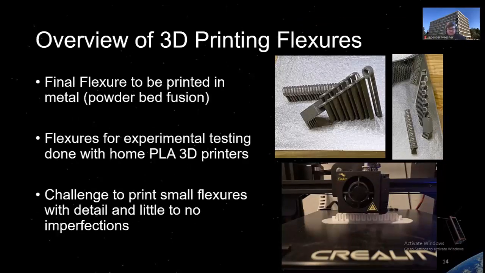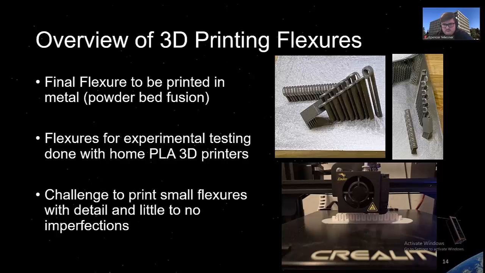An overview of our 3D printing of our flexures includes a final goal where our final flexure would be printed in metal via powder bed fusion. Unfortunately, we couldn't have access to the 3D metal printer at JPL, so we had to think outside the box. Flexures for experimental testing were done at home via PLA 3D printers.